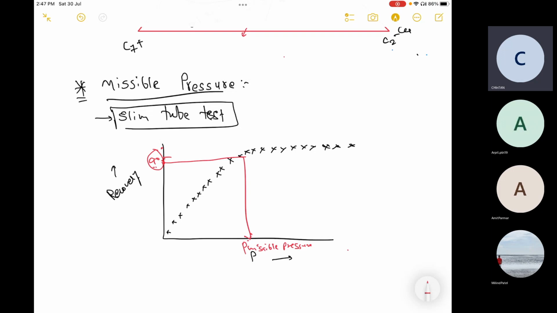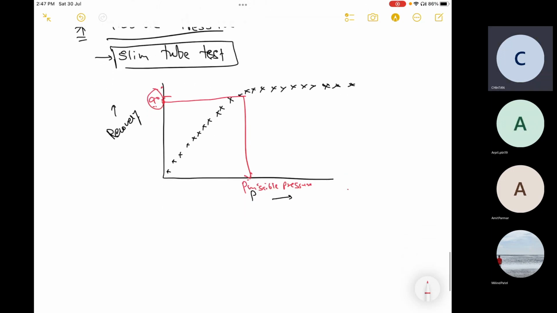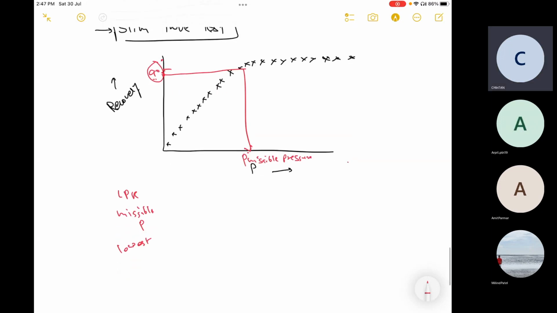I'm not going to discuss the procedure and all those things. Let's remember one thing: LPG's miscible pressure is the lowest, and it is useful for shallow depth.